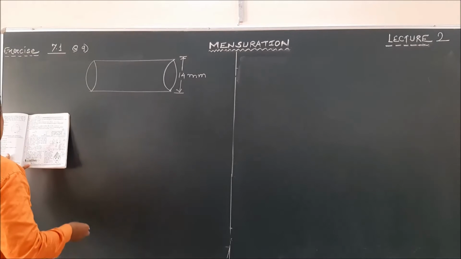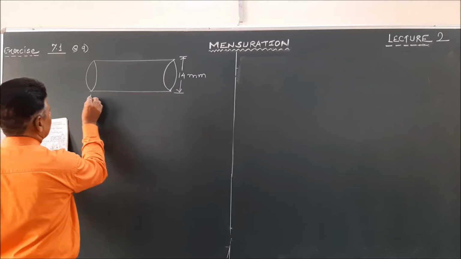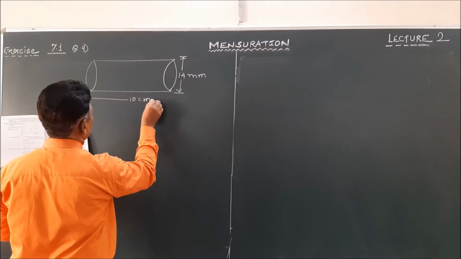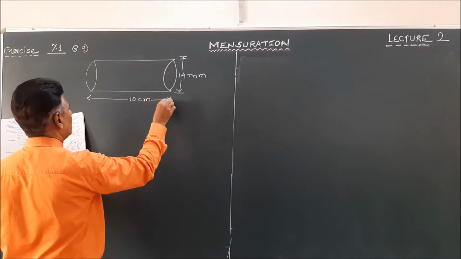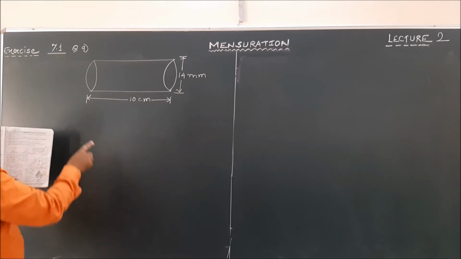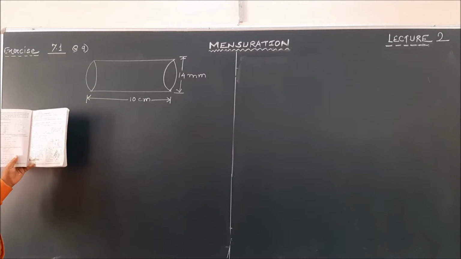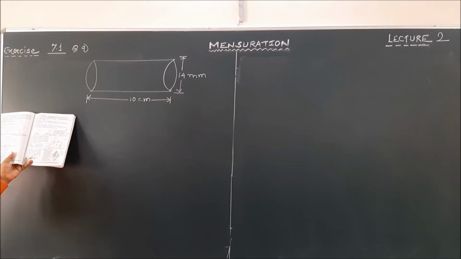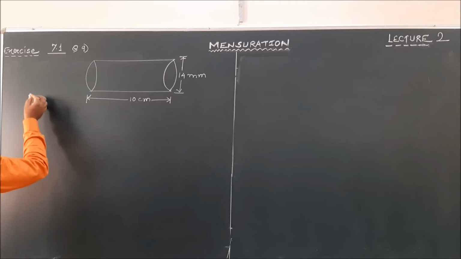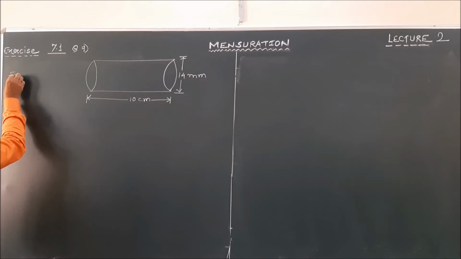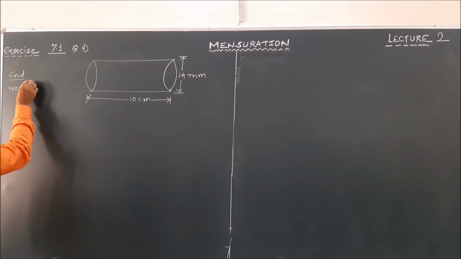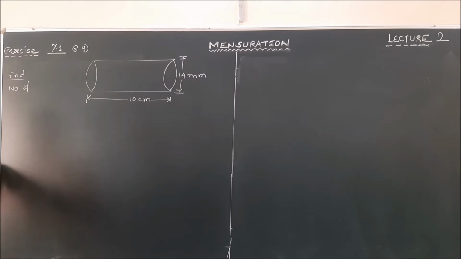This is given as 10 centimeter. This is a rack, right? And the tablet's dimensions are given over there. Now we have to find the number of tablets.